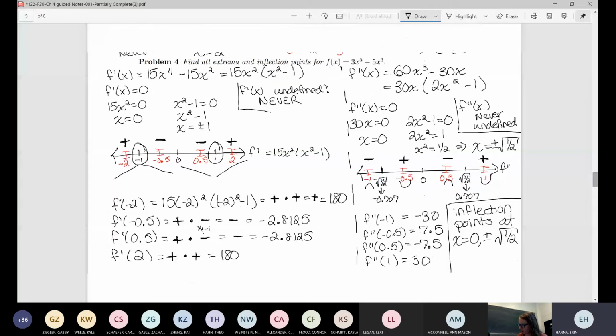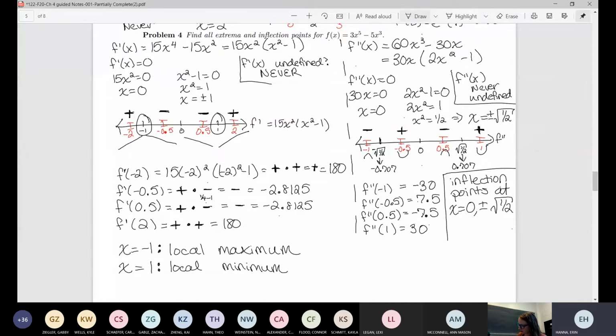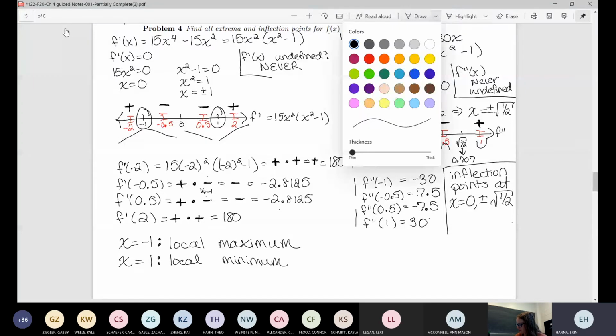So let me zoom out so we get all of this question and all of its pieces. So if we were to do the second derivative test here, we would have had to plug in negative 1.